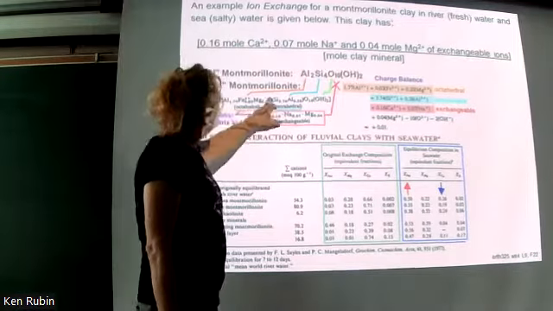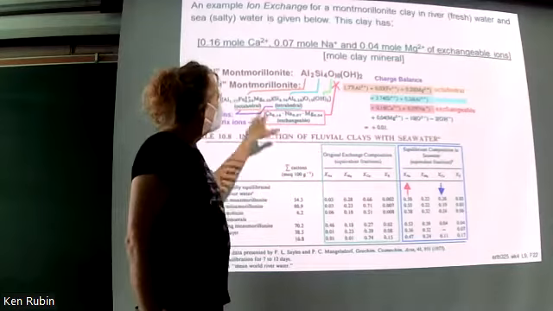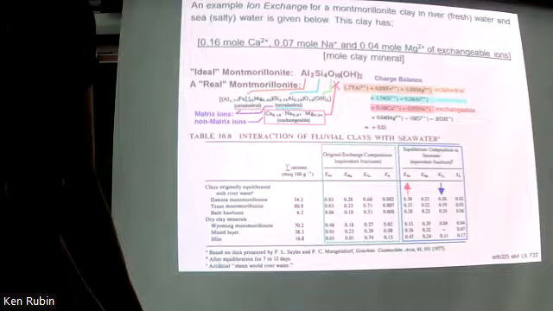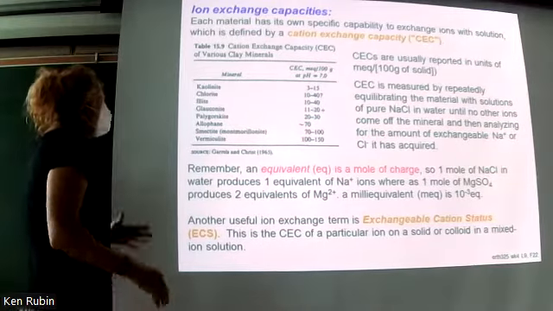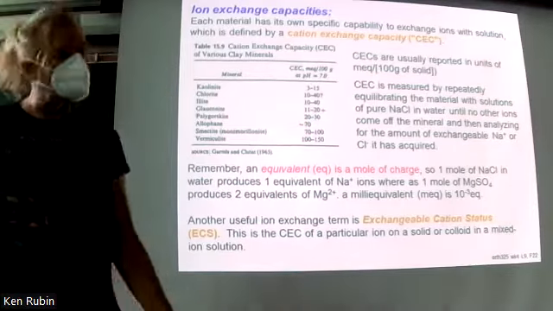Now, the stuff that's interior to the clay that allowed it to have the exchange capability, that doesn't really swap out so easily. That's more like formation condition stuff. But that gives us this measure called CEC, which stands for cation exchange capacity.